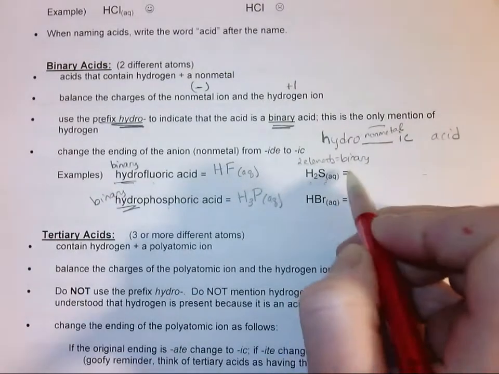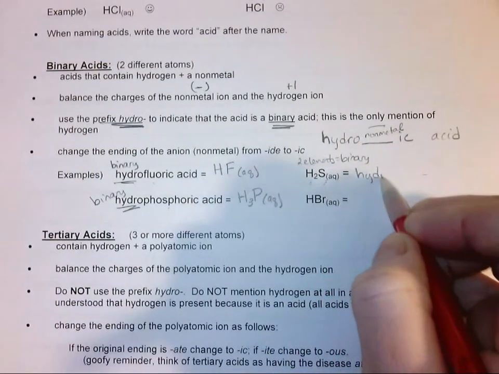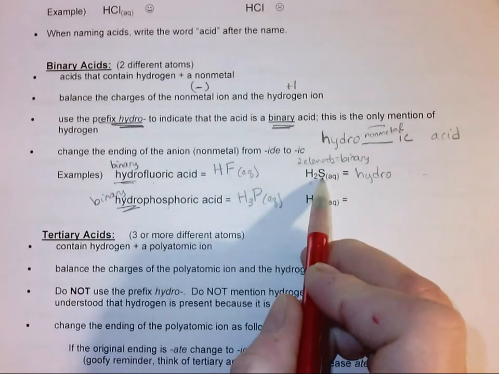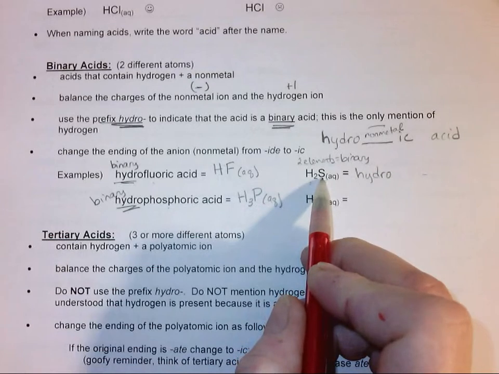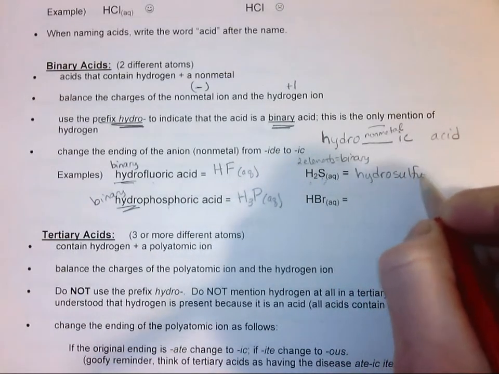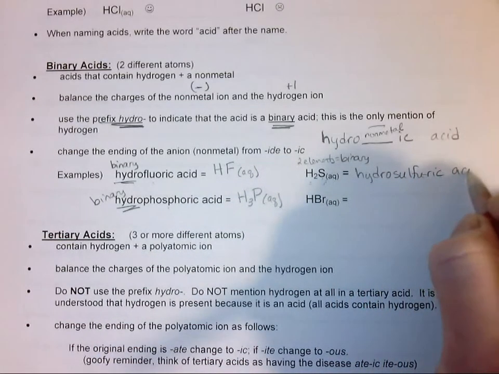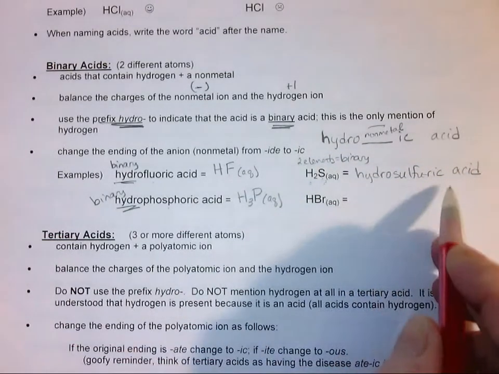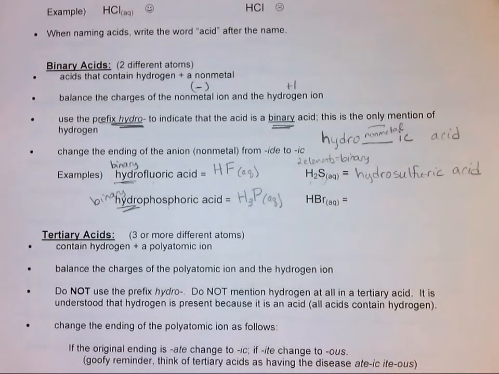That's what we know, which means hydro. And then this sulfide changes into, and it is actually sulfuric. If you wrote hydrosulfic, I would count it correct because you might not know the difference. But the true answer is hydrosulfuric acid.